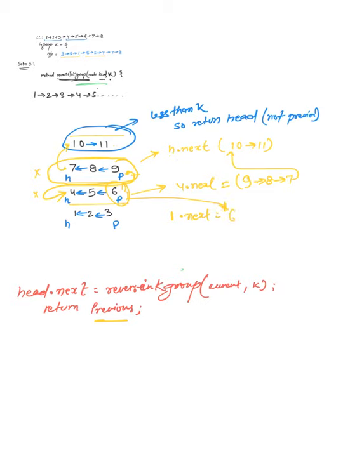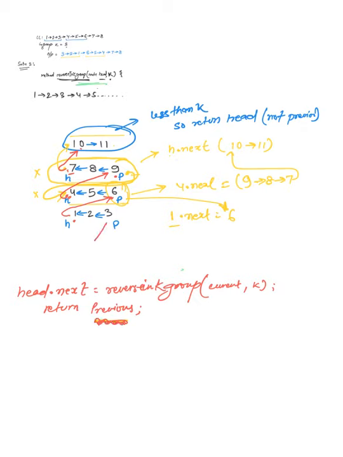So now you see 1 dot next is 6, and then 4 dot next is 9, and then 7 dot next is 10, because it is less than k. So now we connected 1 to 6, 4 to 9, and 7 to 11, and inside those they are already reversed. Now once all are done, the final reverse call will return the previous.